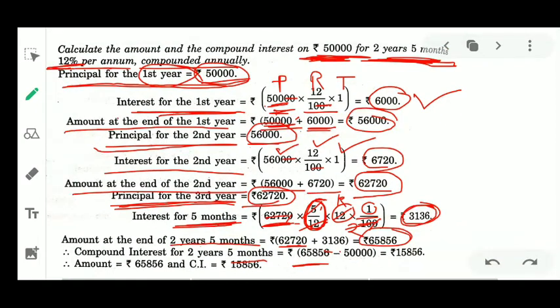The original principal value is 50,000. So 68,856 minus 50,000 equals 15,856. That is the amount.